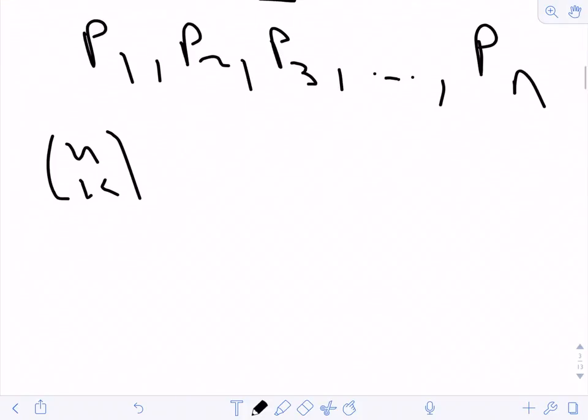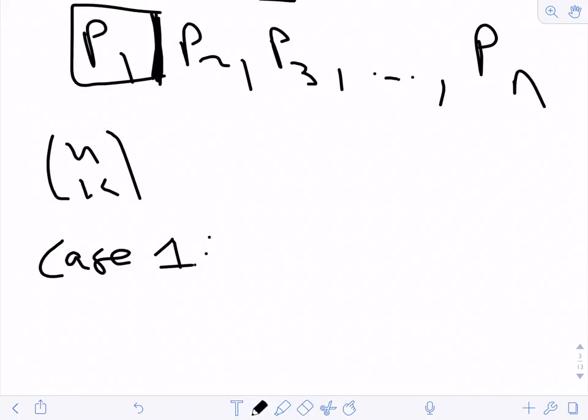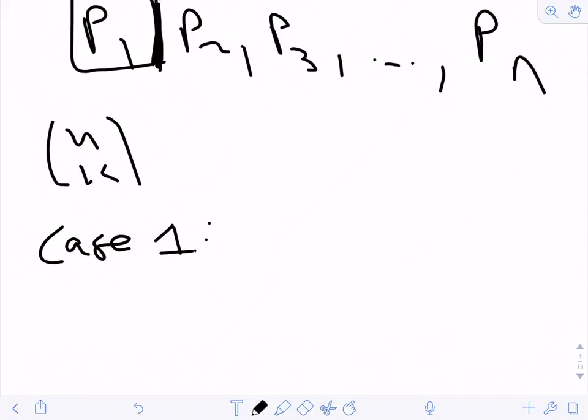But there's another way you could imagine choosing k people. We split it up into 2 cases. What you can do is you can pretty much cordon off the first person and do casework based on whether or not you want p1 to be one of the k people you choose.